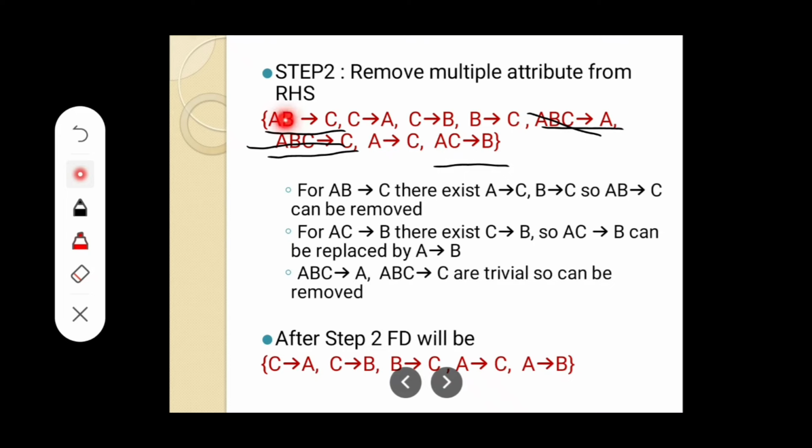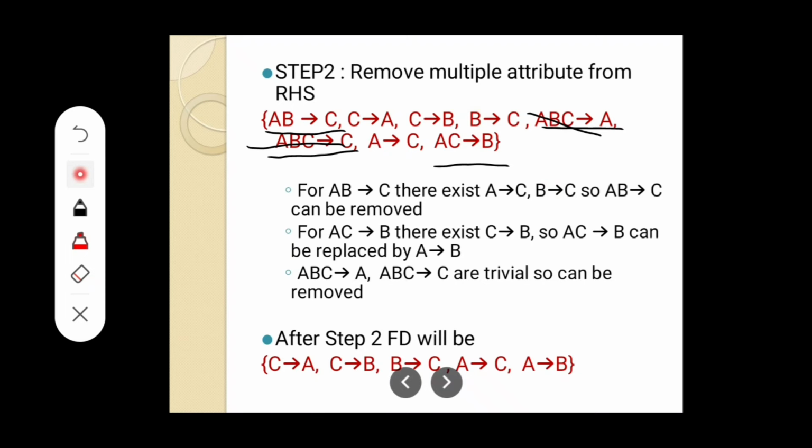Okay, next what we can do is this, AB determines C. In AB determines C, you check whether we are having a functional dependency called A determines C or B determines C. Look whether that is here. Is A determines C there? Yeah, A determines C is there. Is B determines C there?